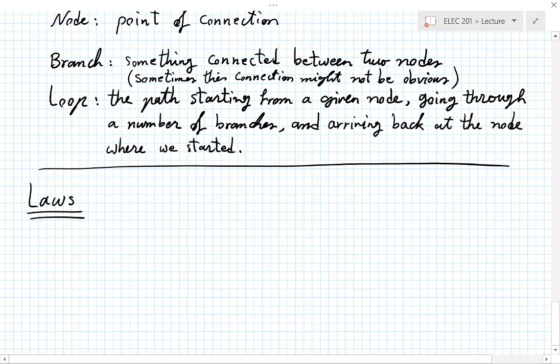By the way, if at times my handwriting becomes hard to read, just remind me and I'll slow down and try to be cleaner. So KVL, Kirchhoff's voltage law, and KCL, Kirchhoff's current law.